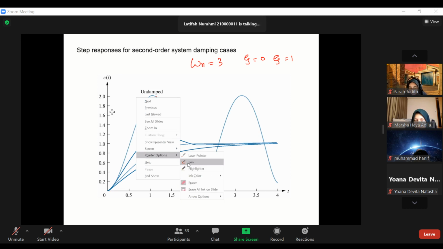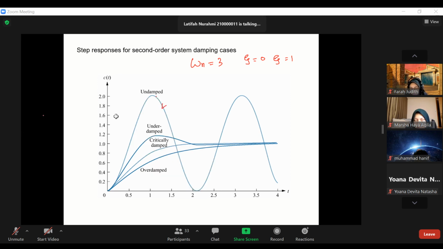And next, for the underdamped, zeta is between 0 and 1. In the underdamped case you see that there is a peak. It depends on how big the value of zeta is. If zeta is 0.9, you will have less peak.